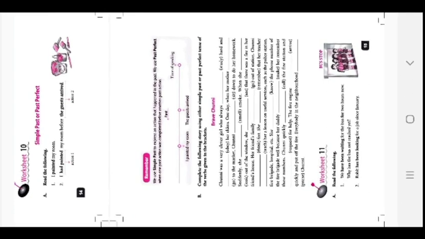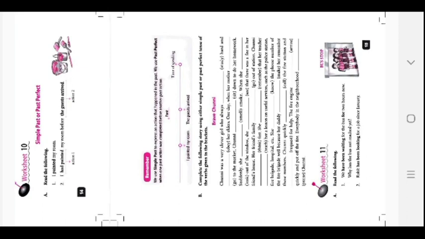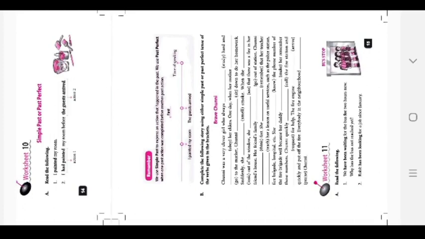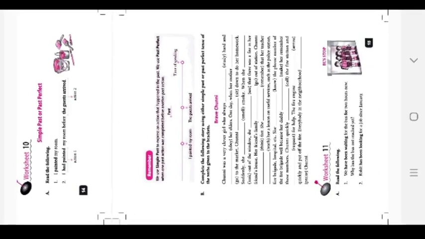Perfect tense means the action has already been completed at the time of speaking. It's already done, completed. And the fourth one is present perfect continuous. That means the action has started in the past, is going on right now, and it will continue in the future also. So there are 4 verb forms.